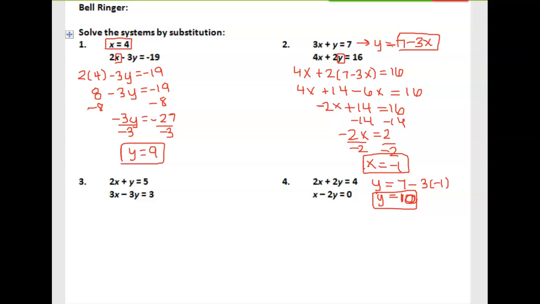And then we're going to look at the bottom two equations. And we're going to once again solve for the variable that has a coefficient of 1. So in number 3, the y has a coefficient of 1. So we're going to solve for y.